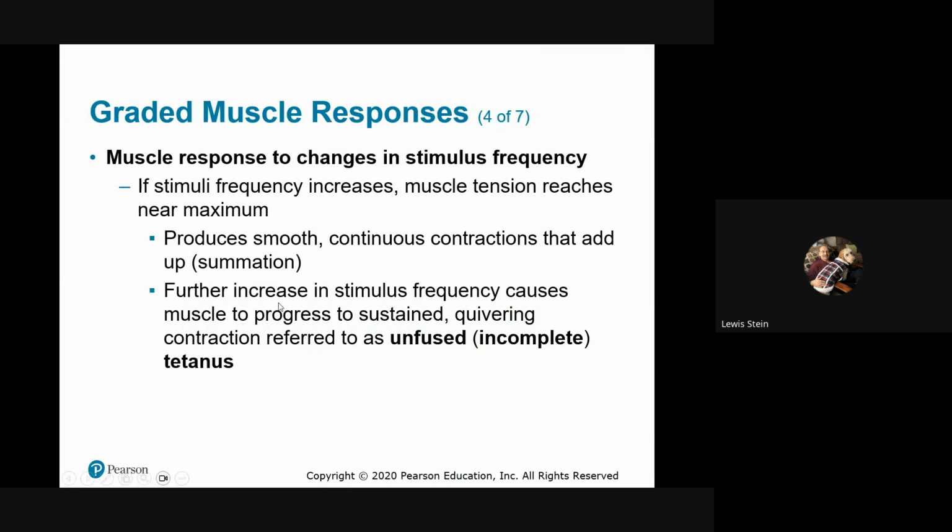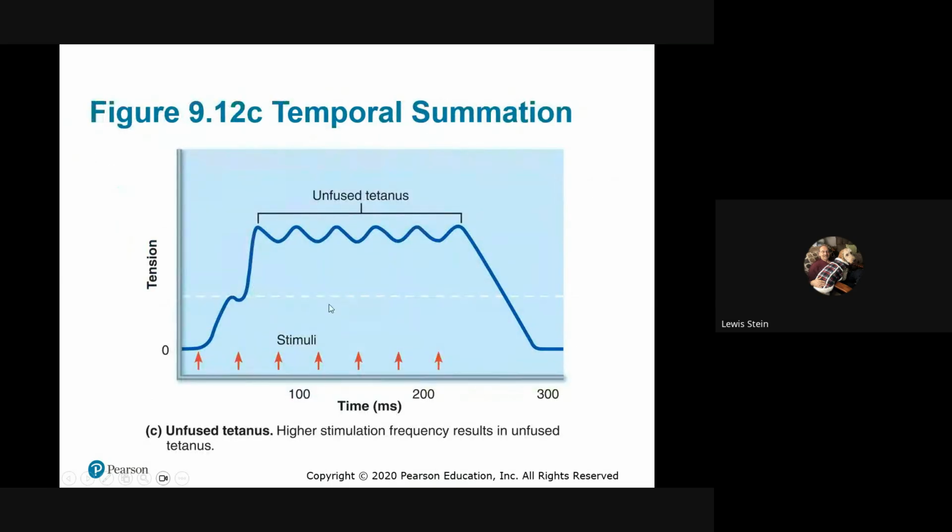So what happens if we triple it is called unfused or incomplete tetanus. It's almost like the muscle spasms, but it's quivering. And what have we done? Now we've got 3 every 100 milliseconds, or 30 a second. Not done yet. Now what happens?